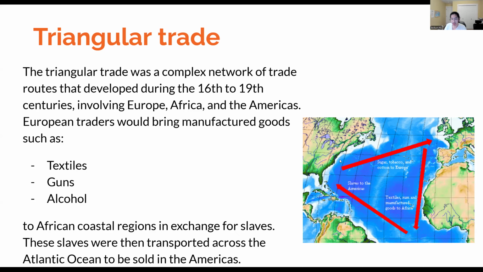These goods were used to support European industries and satisfy the increasing demand for exotic products in Europe. It had very big impacts on the regions involved, and of course, the most important part is you need to know exactly which regions these are: the Americas, Africa, and Europe. In Africa, like mentioned, it led to a lot of political instability, wars, and increased power struggles among local kingdoms.